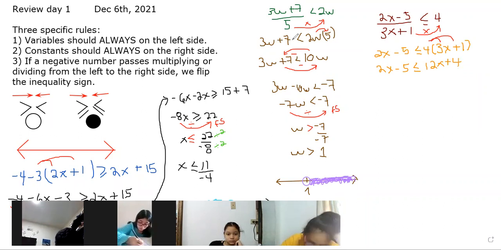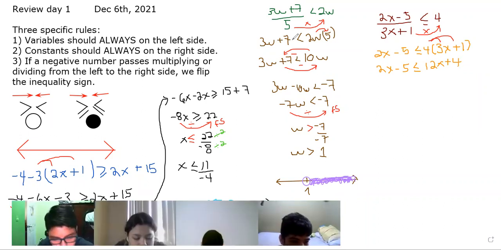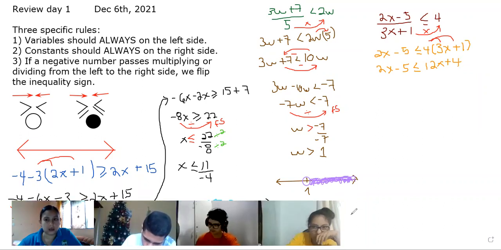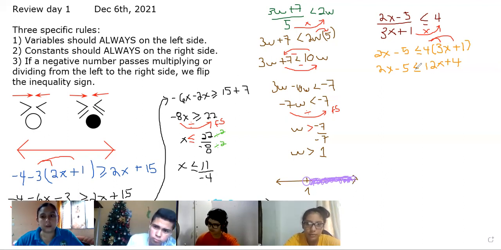Someone else that finished already as well? Okay, what should I do now, Genesis? Pass the 12x to the left and the negative 5 to the right. Correct, because we're following those three specific rules where variables need to go on the left and constants need to go to the right.